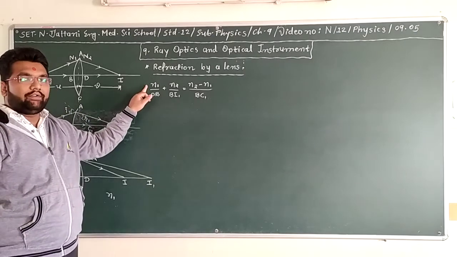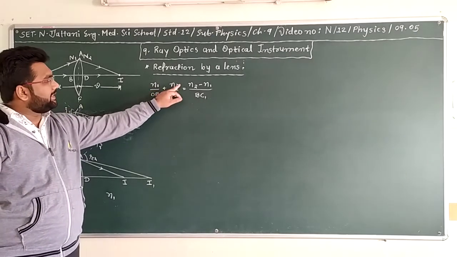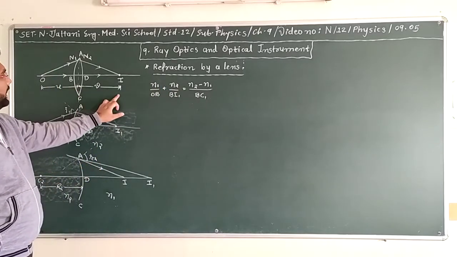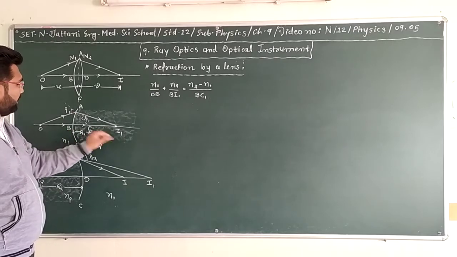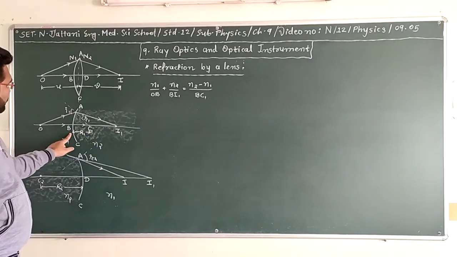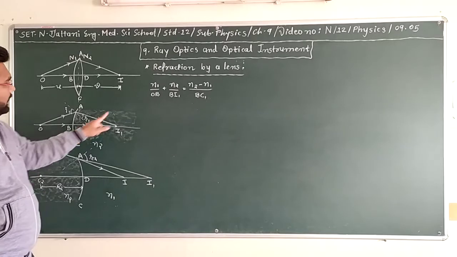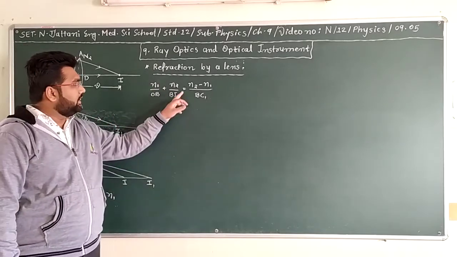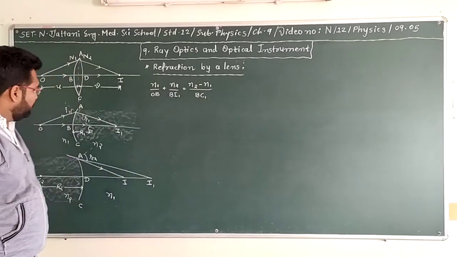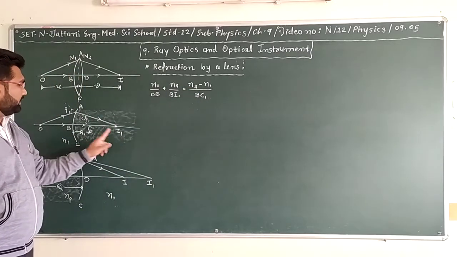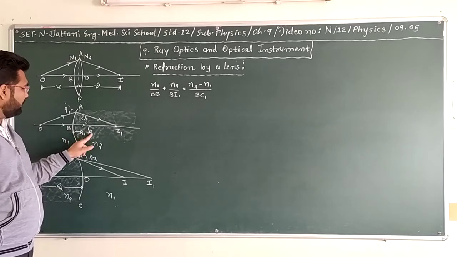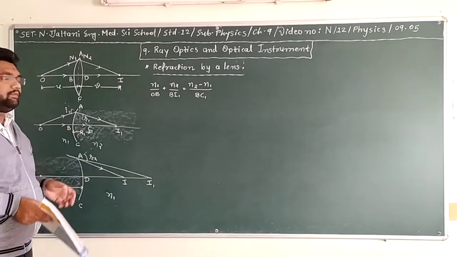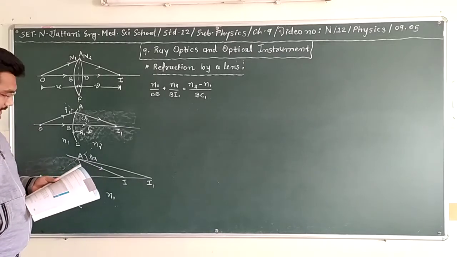So we write n1 upon u plus n2 upon v, where v is our BI1. So n1 upon OB is our object distance, n2 upon BI1 is our image distance, and that is equal to n2 minus n1 upon BC1. BC1 is our radius of curvature for the first surface of the lens.